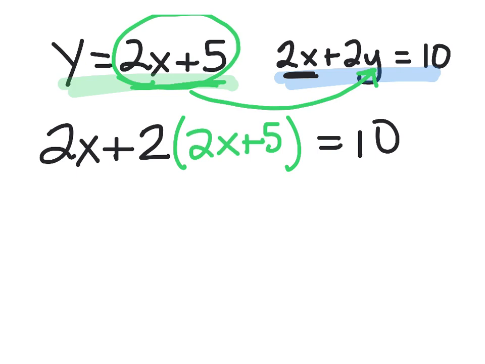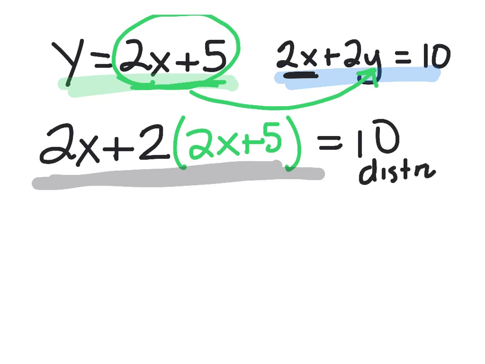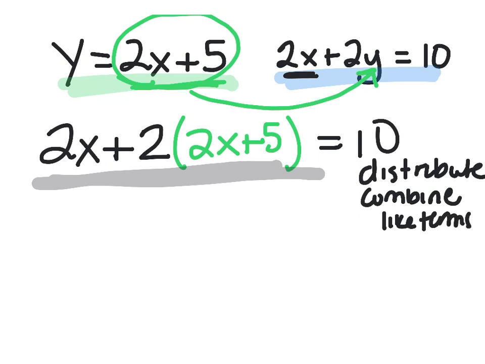The first thing, this left-hand side, you're going to want to go ahead and simplify that. And simplifying it might be to distribute, which is what we're going to have to do, and then combine like terms. Remember, like terms have the same variable and the same exponent.